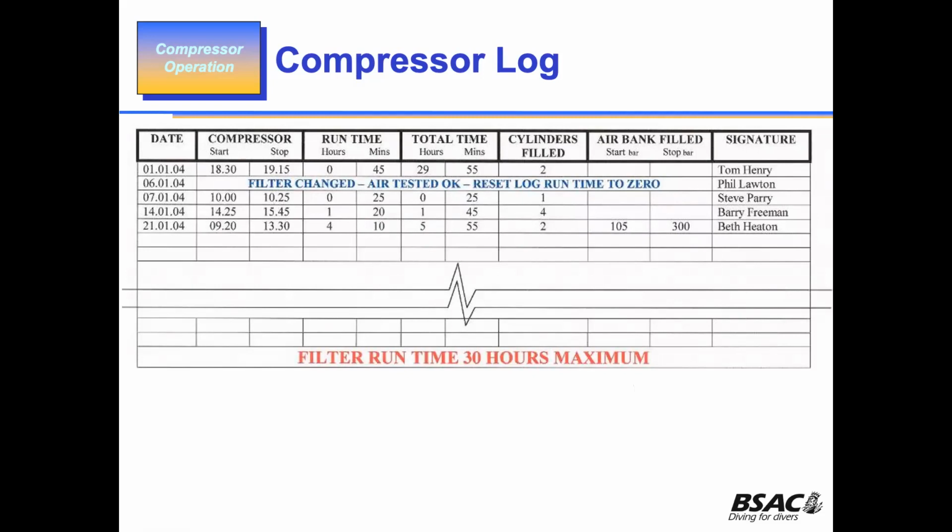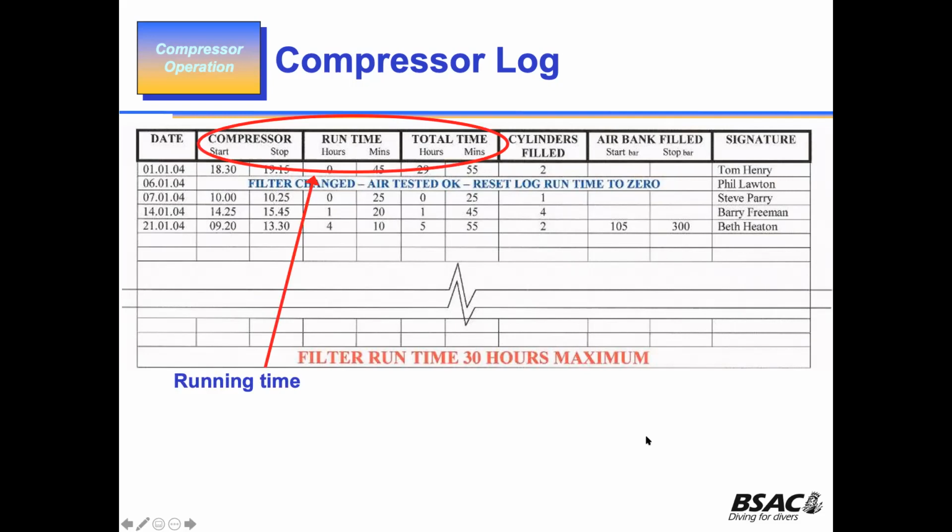How many cylinders you filled, right? And the pressures that you started and stopped. Some people actually put temperatures in there as well. They take the temperature of the air, right? Because that has a bearing on how long it's going to take you to fill that cylinder. But normally that's all the sort of information you want. And then that's enough for you to show anybody that you are actually running the compressor in a correct way.